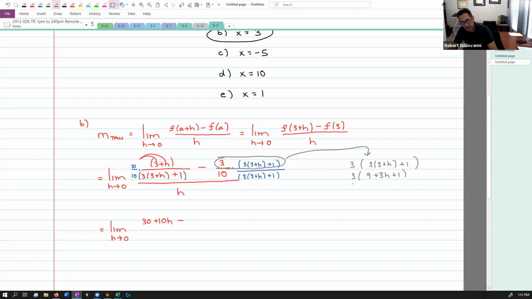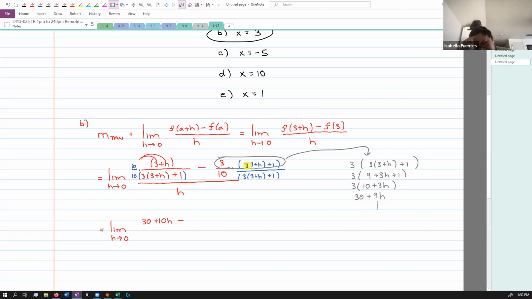Combine the 9 and 1 to get 3 times 10 plus 3h, and distribute the 3 through to get 30 plus 9h. With me? Yes. Okay, that's what the new second fraction's numerator becomes.